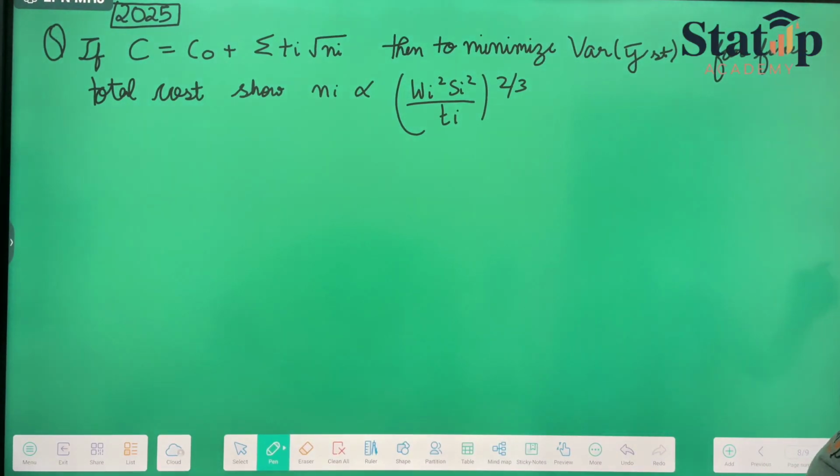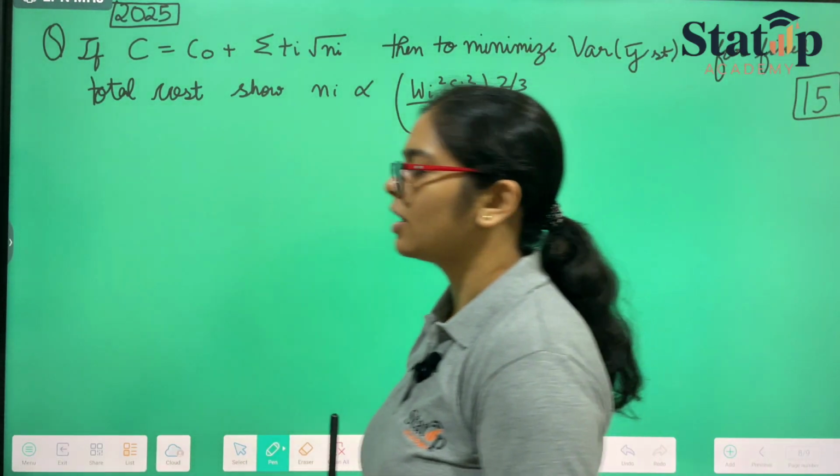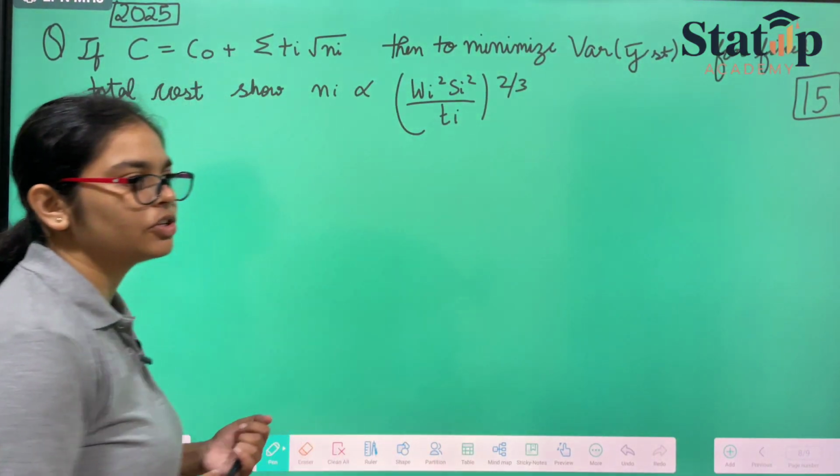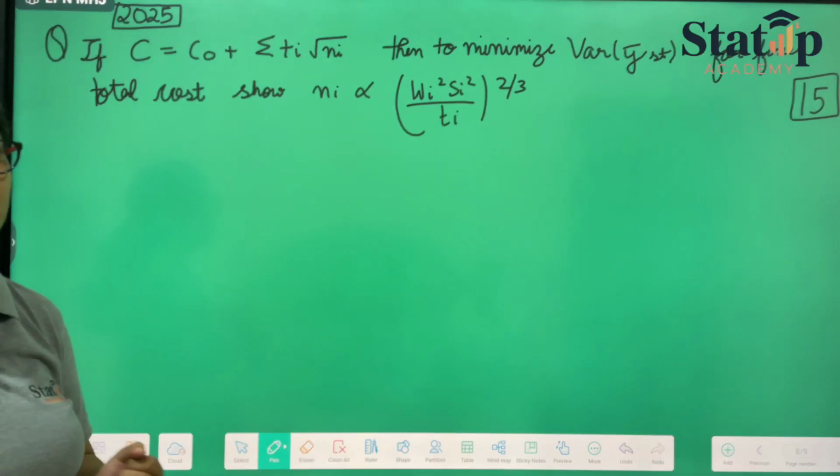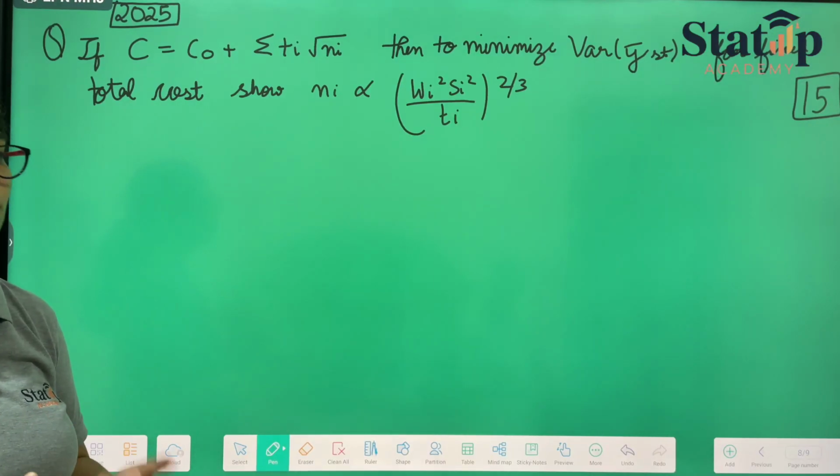So this is the PYQ of 2025, which is of 15 marks. In this, they have given us a total cost function, which is C naught plus summation Ti Ni, and we have to minimize variance, keeping the cost fixed.